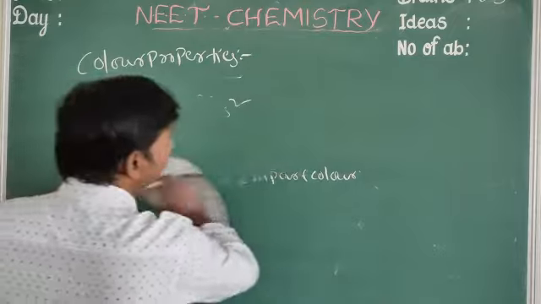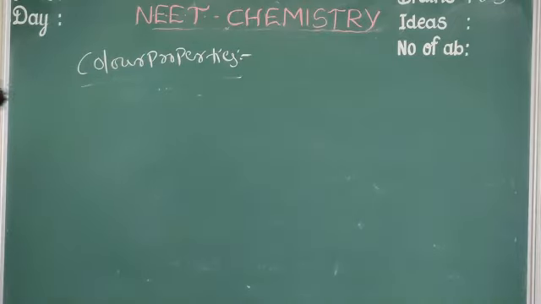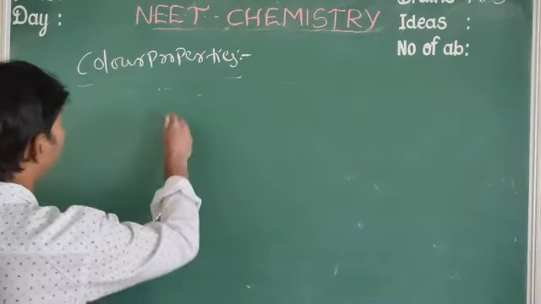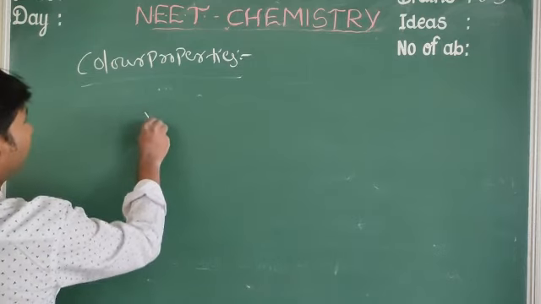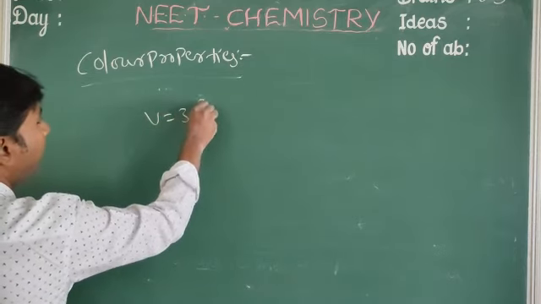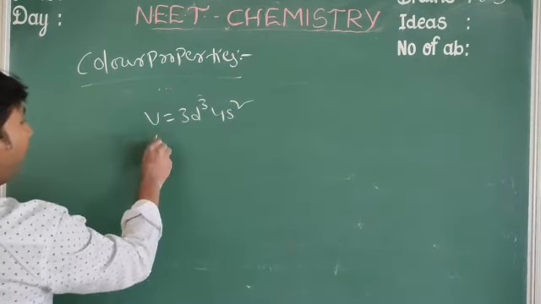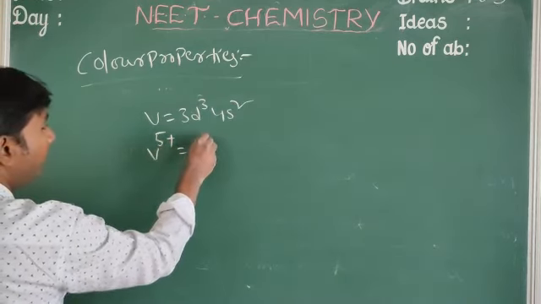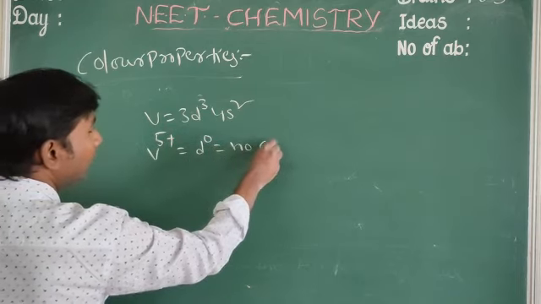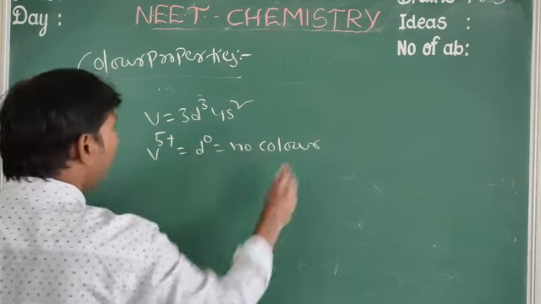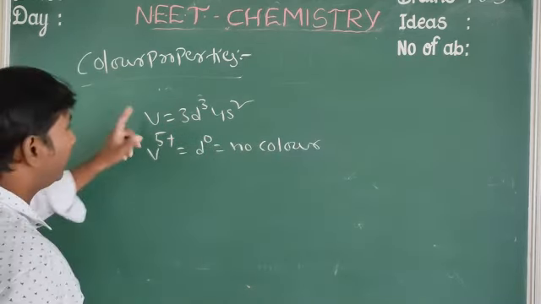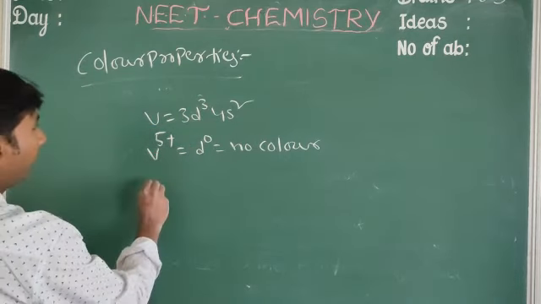For example, vanadium 3d3 4s2. Vanadium 5+ means d0, no color.